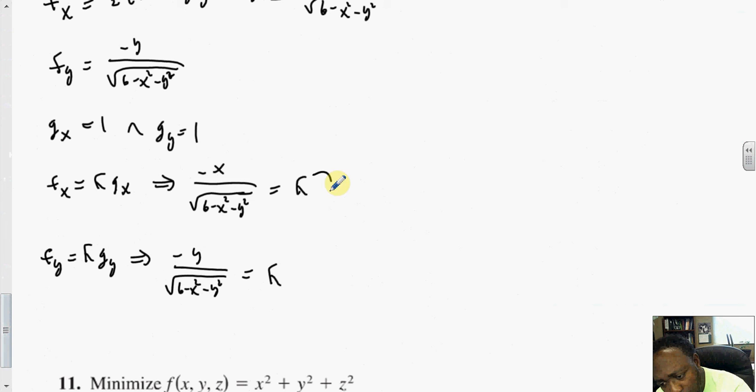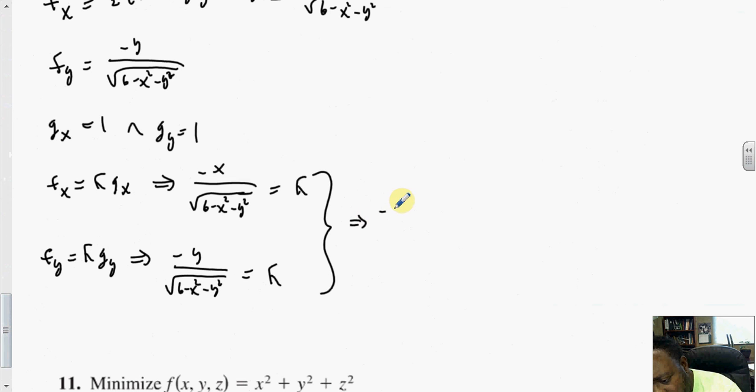Well, since they're both equal to lambda, then by the property of symmetry, or is that transitivity? A relates to B, B relates to C, and so A relates to C. I think this is symmetry. A relates to B, and B relates to A. Okay. So here, this quantity is equal to this.